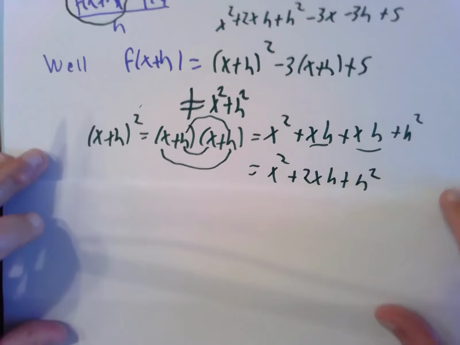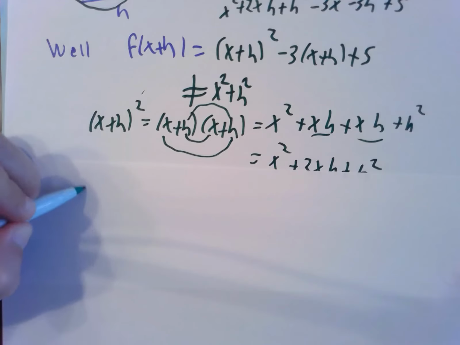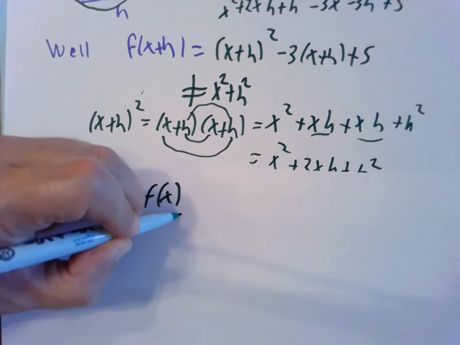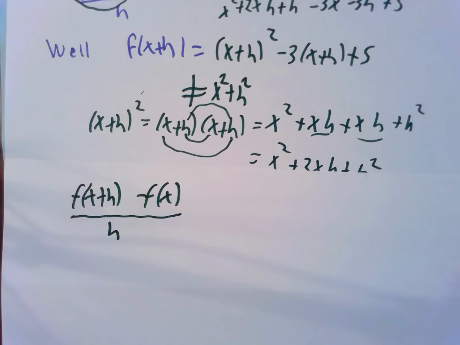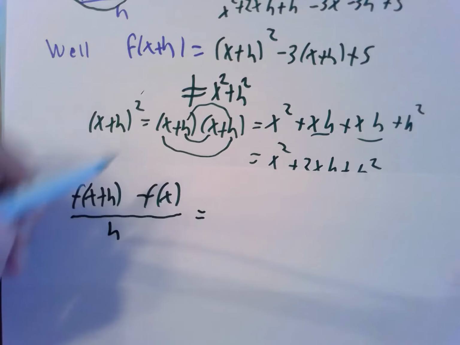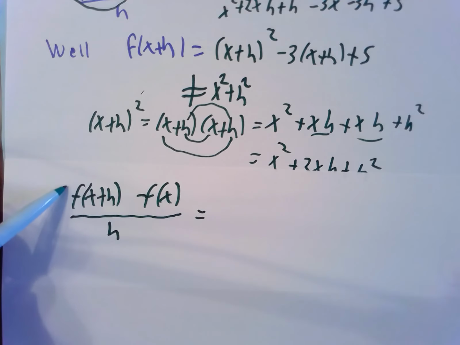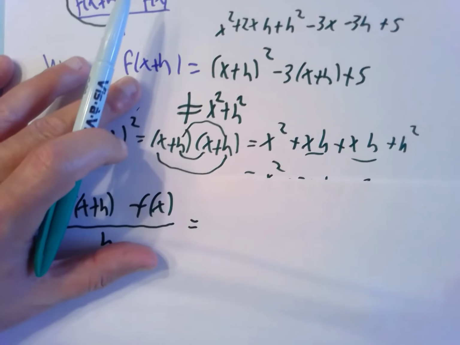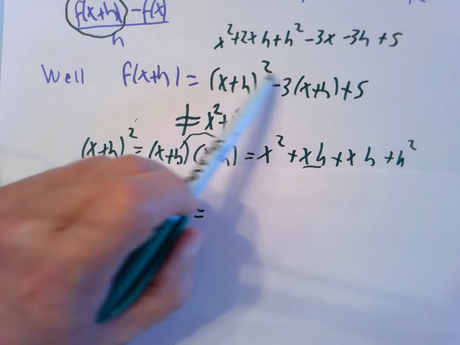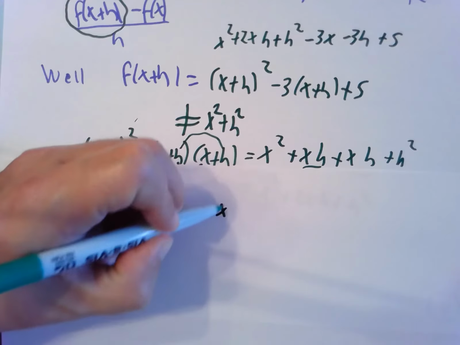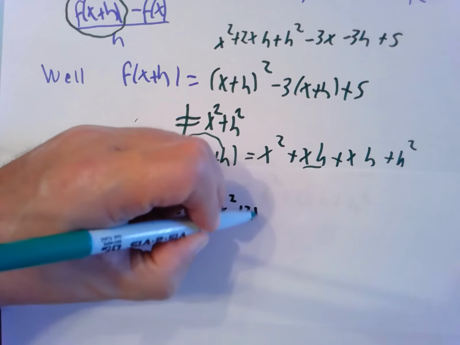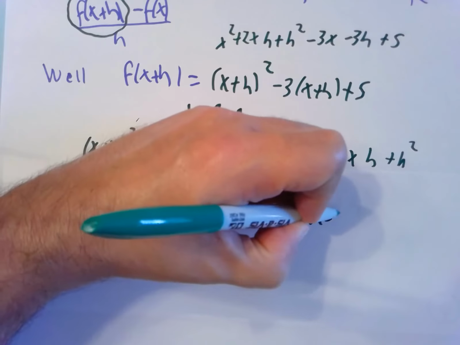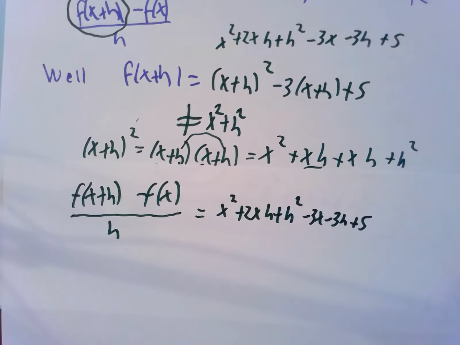So, continuing, we want f of x plus h minus f of x all over h. That has three pieces to it. This first part, f of x plus h. That's what we just worked out. That's right here. So let's write all that down. x squared plus 2xh plus h squared minus 3x minus 3h plus 5.